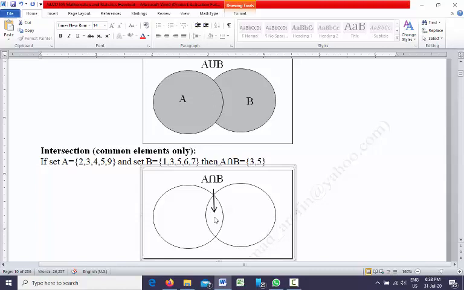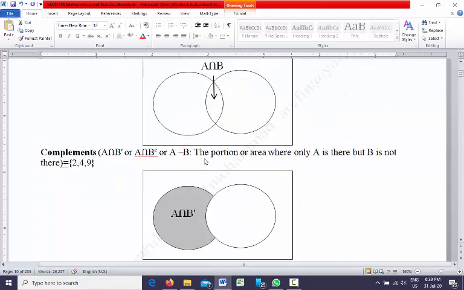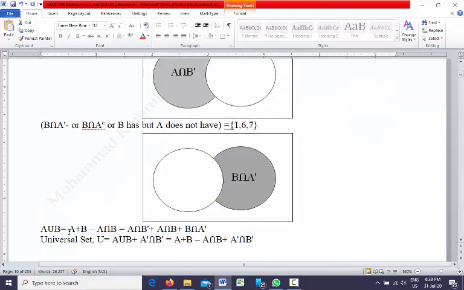So if you add A and if you add B, this common part will be added twice. But this common part should be there only once. So we need to remove it once. So the formula is A plus B minus A intersection B.